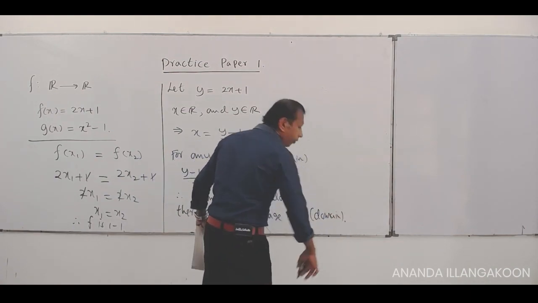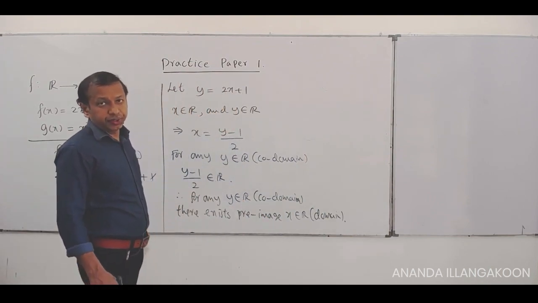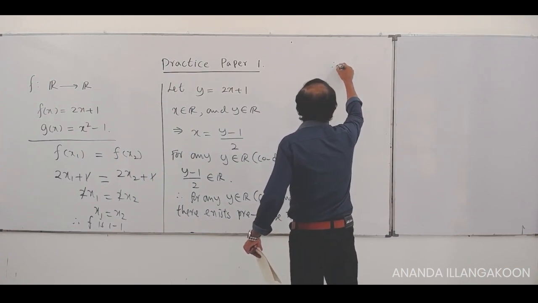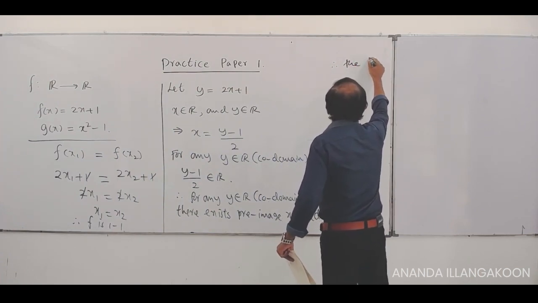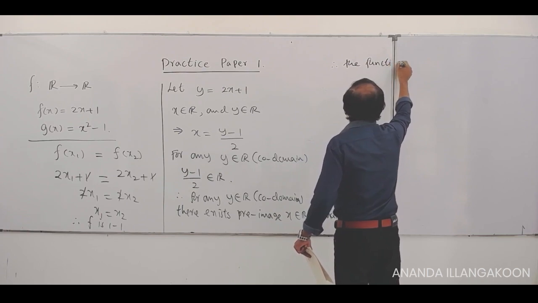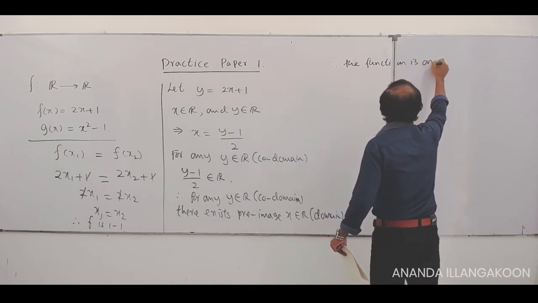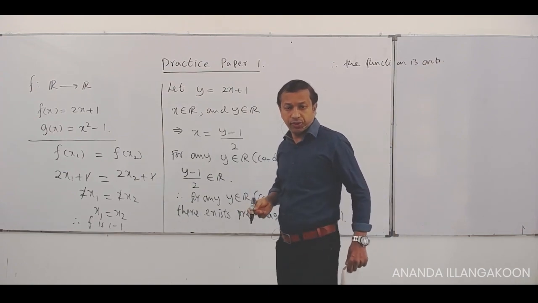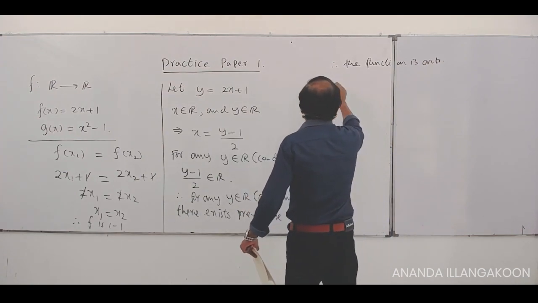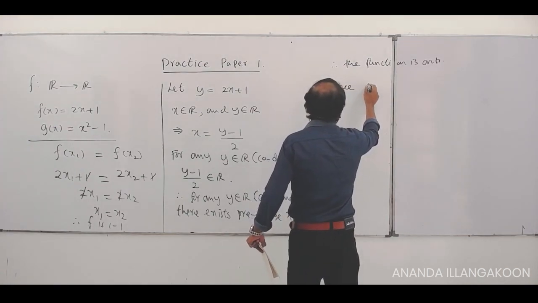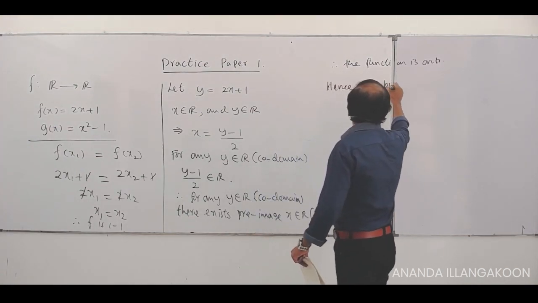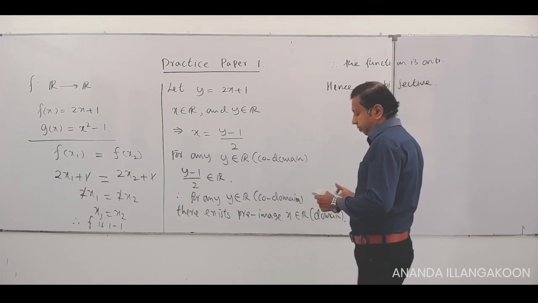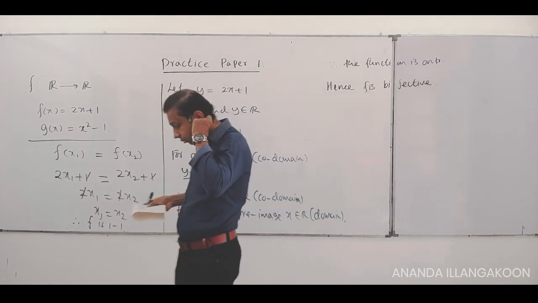Therefore, the function is an onto function. So one-one and onto means the function is bijective. Hence f is a bijective function.